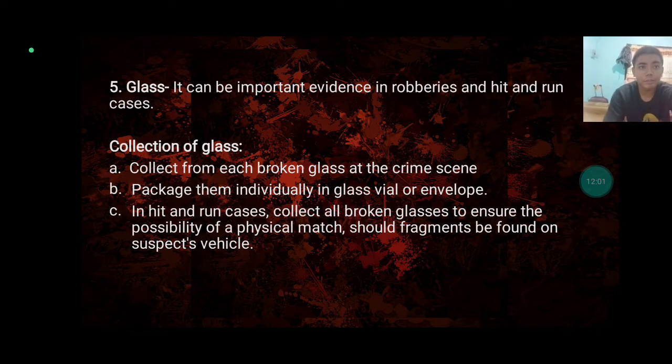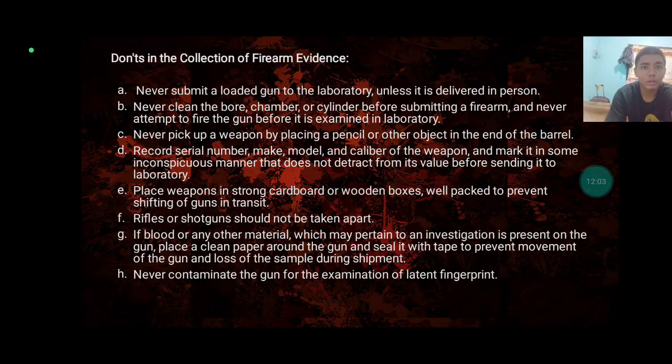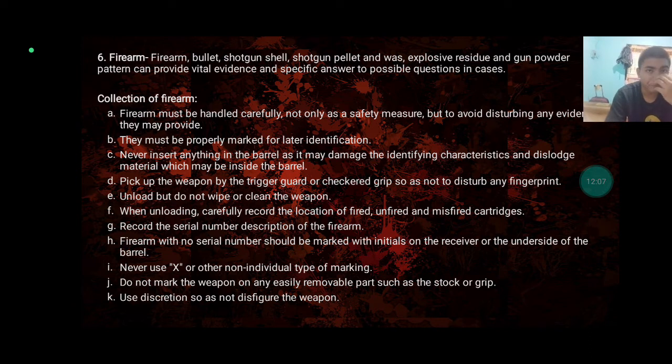Next is firearm. Firearm, bullet, shotgun shell, shotgun pellet, and other explosive residue and gunpowder patterns can provide vital evidence and specific answers to possible questions in cases. It is very important to collect the firearm.